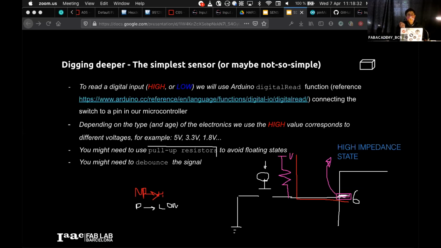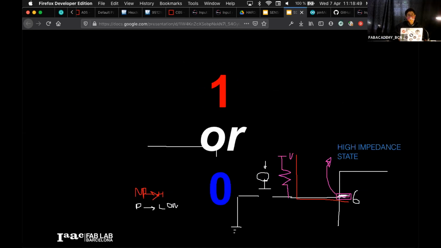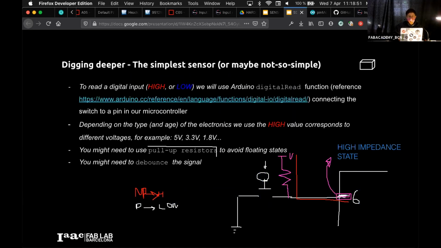So we have to pull that line or pin to something that we know, and what we know is only one of two options: 5 or ground, high or low, 1 or 0. Okay? So that's the idea of the pull-up resistor.